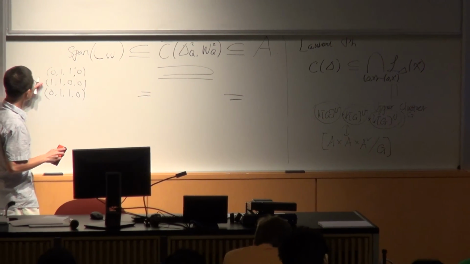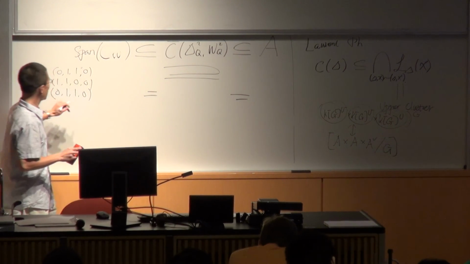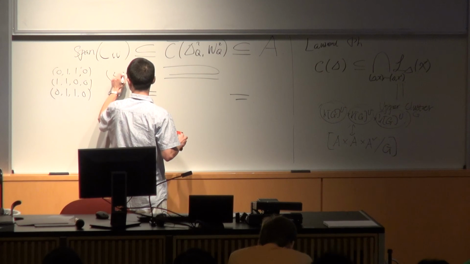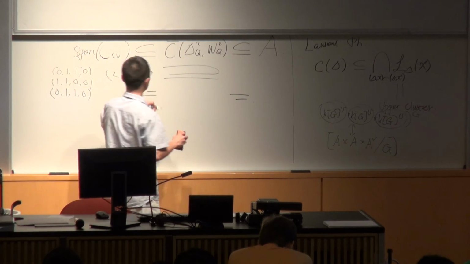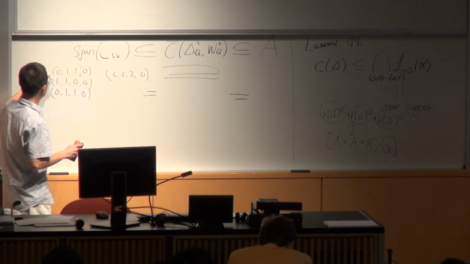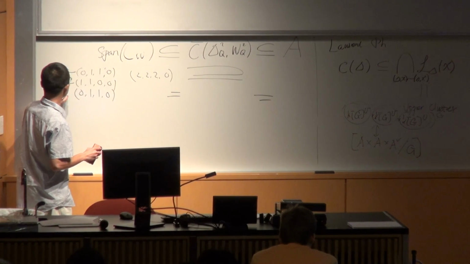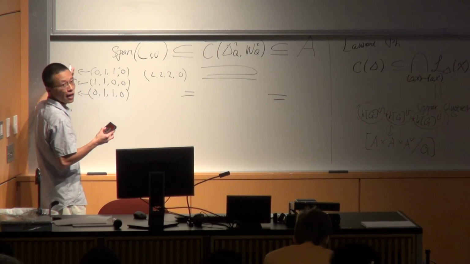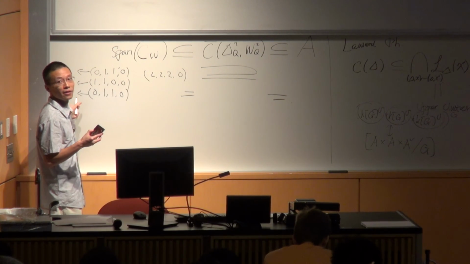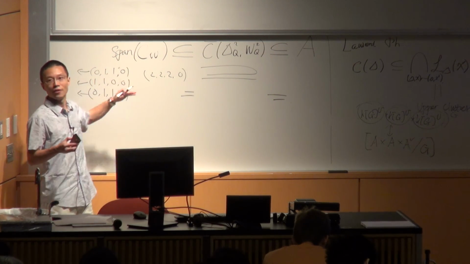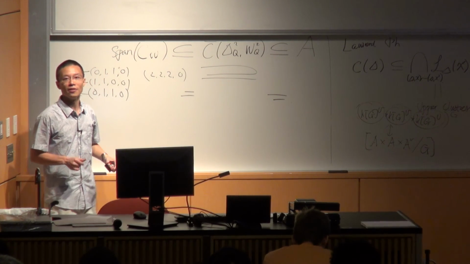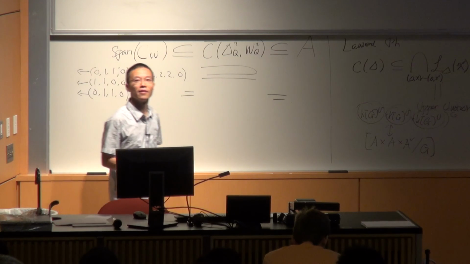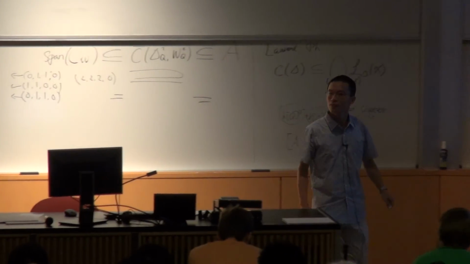If you add these weights together, you get something like 2, 2, 2, 0. And what is the g-vector corresponding to it? Each g-vector corresponds to certain vertices. Those are just like three individual ones, and you got 2, 2, but now you can't do it. It fails.